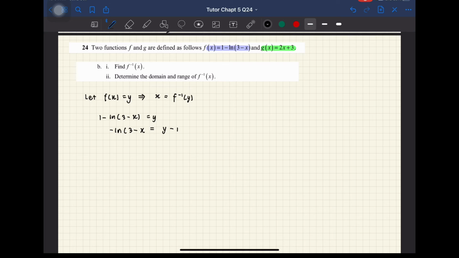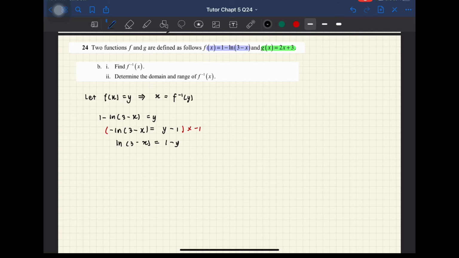Okay, kita nak tinggalkan x sahaja dekat sebelah kiri. So kita akan removekan everything. Okay, so and then kita hilangkan negative. We multiply both sides with negative. Okay, so awak akan dapat ln 3 minus x is equal to 1 minus y.